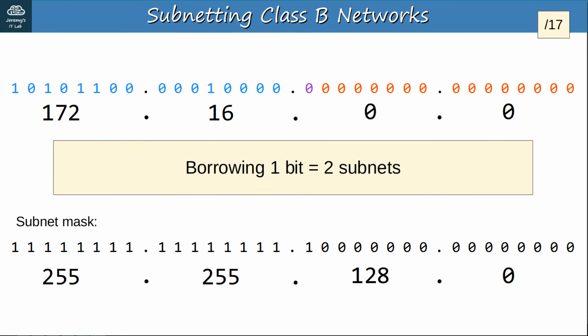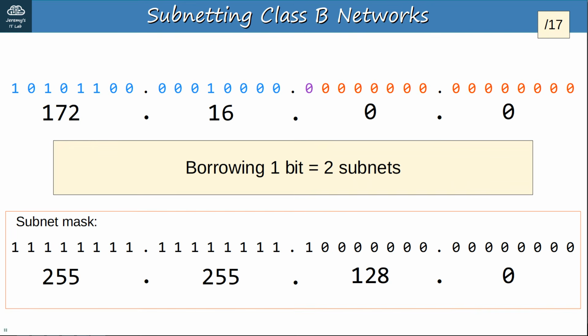This gives us a prefix length of /17, and if we write this subnet mask in dotted decimal, it is 255.255.128.0. Remember, when you enter commands in the Cisco CLI, you can't use the CIDR notation like /17. You have to enter dotted decimal like 255.255.128.0. Anyway, 2 subnets isn't enough for our needs, so let's borrow another bit.